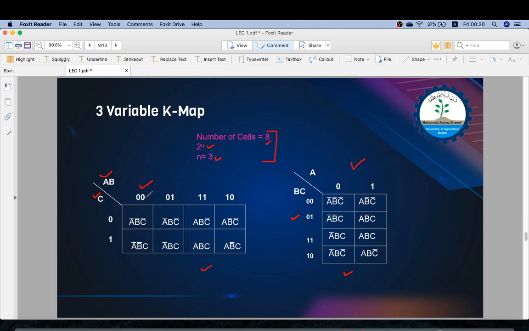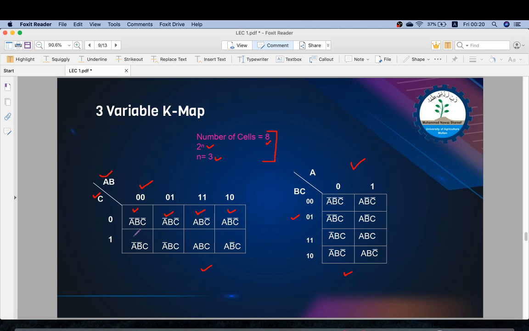Here A, B and C are all complemented, so A complement, B complement, C complement. Then A complement, B, C complement. Only C is complemented in A, B and C complement. Here B and C are complemented, A, B complement, C complement.